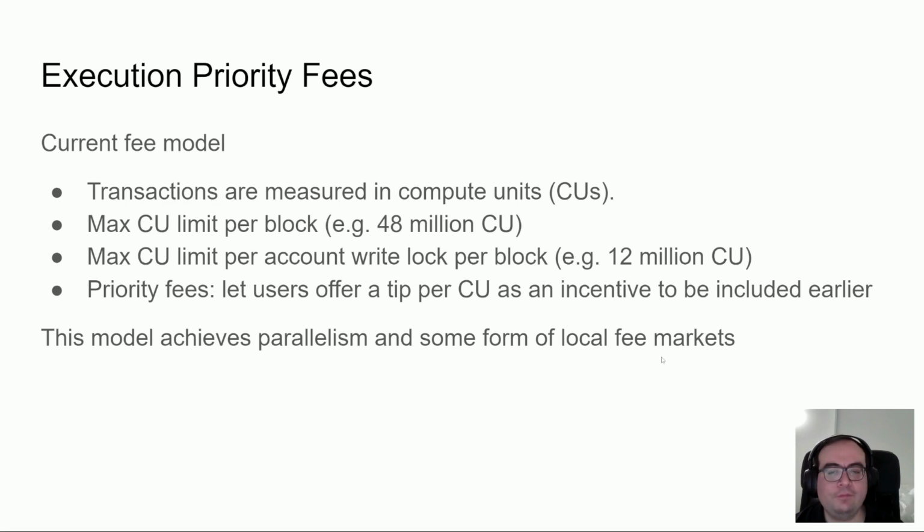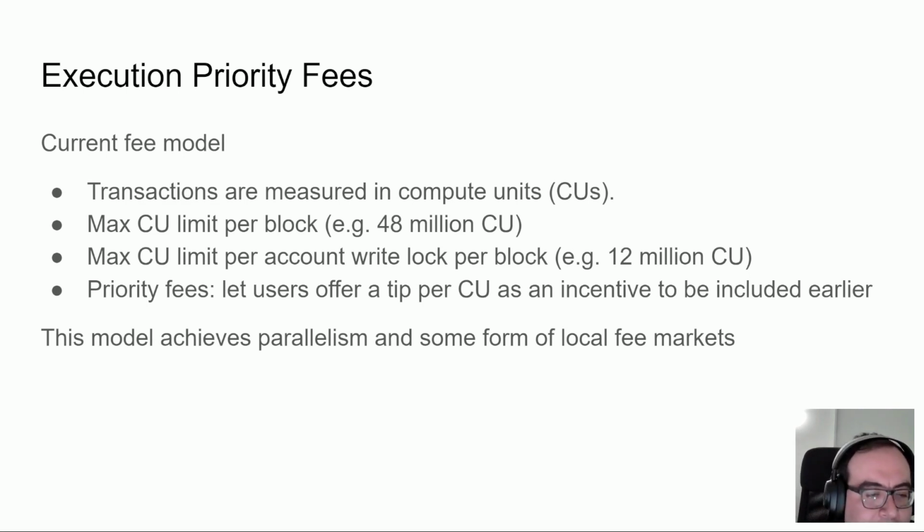And there is some form of local fee markets in the sense that it makes sense for you to increase your tip, your priority fees, if you care about a specific account that you know is congested or in high demand. If you don't want to touch that account, then you can keep your priority fee low or even no priority fee. So this kind of works.